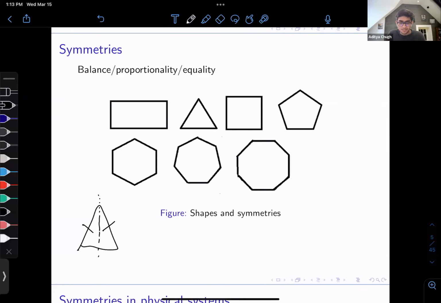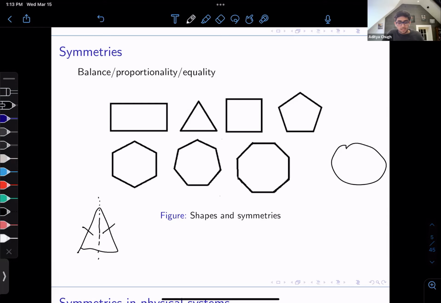Before, the symmetries we were considering, reflections and rotations, were discrete. They were just doing one operation and another operation and so on. But here, if you consider rotations, you could start here, and you could rotate the circle by this angle theta, and it would still look like the original circle.